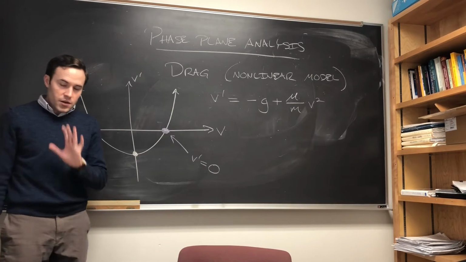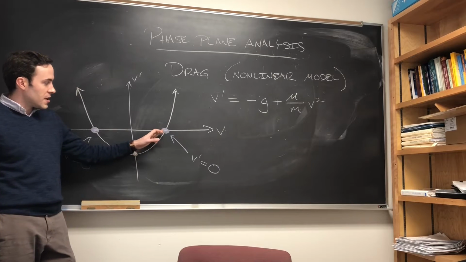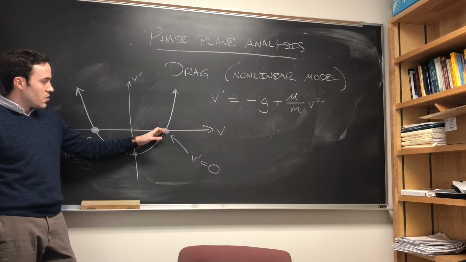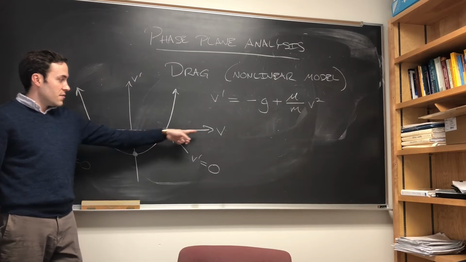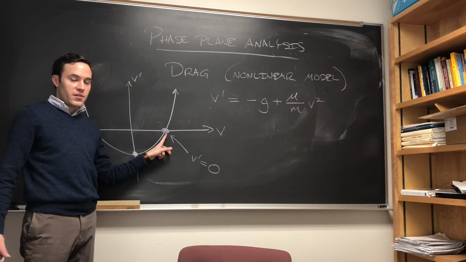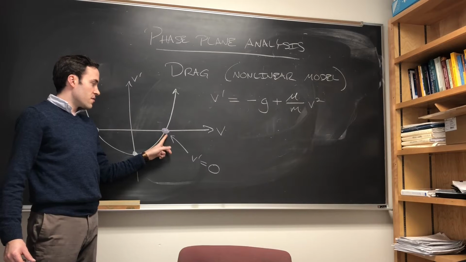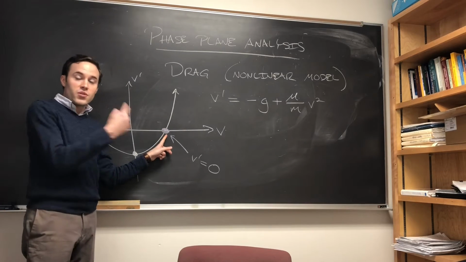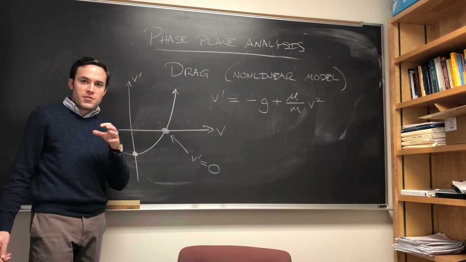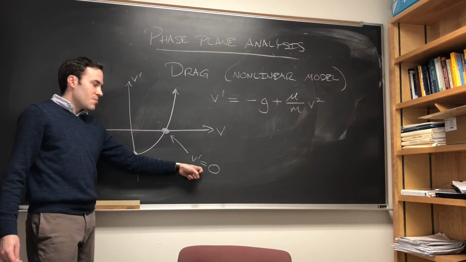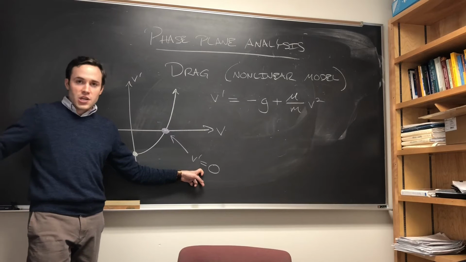Okay, now, real quick, if you think about what's going to happen here, if your initial velocity is whatever this v value is that gives you v prime equal to 0, right? So if you imagine your solution has initial velocity that puts you exactly on this dot, then just like we saw in class with the direction field, well, v prime being 0 means that nothing's ever going to change, right?